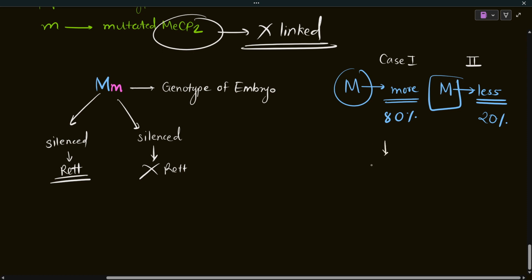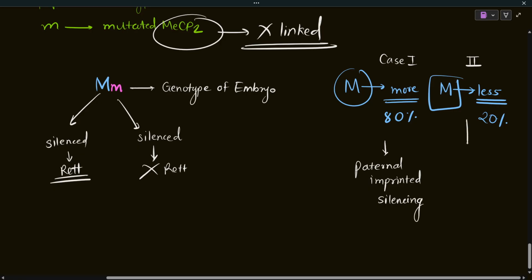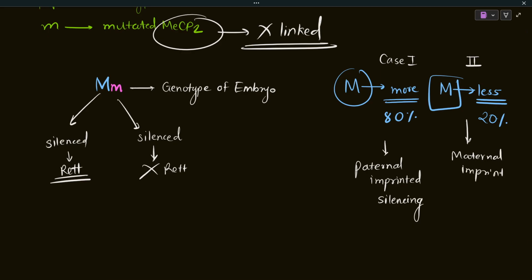So case 1 is paternal imprinted silencing or inactivation of the X chromosome, and case 2 is maternal imprinted inactivation of the X chromosome, or maternal imprinted silencing. It is already decided that there is skewedness, that either the paternal copy will be silenced or the maternal copy will be silenced.